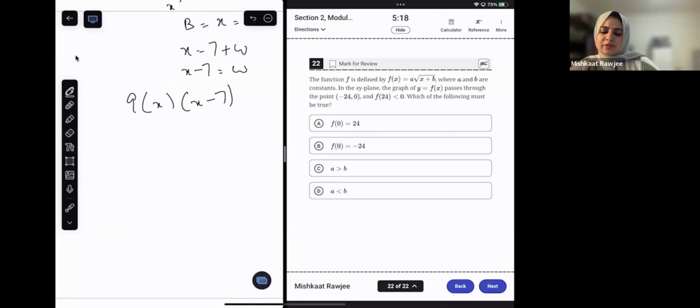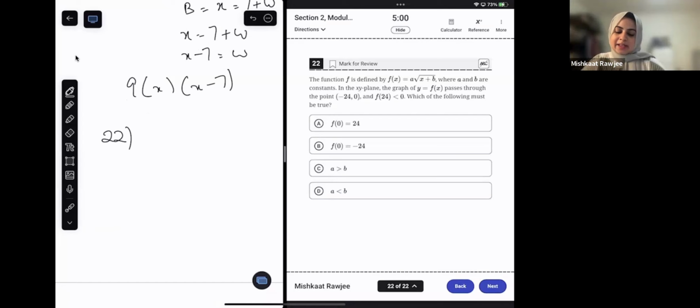So we can plug in y as 0. And f of 24, so when x is 24, that's less than 0. What I'm going to try to do is plug in the negative 24 and see how a and b change. So x is negative 24 when y is 0.